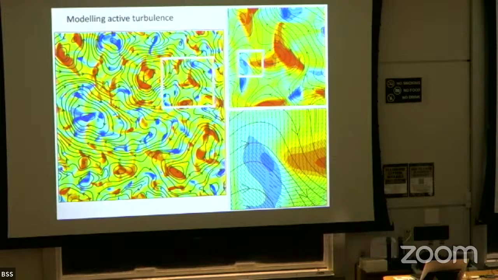Sorry, yes, this is the director field. Think of it like that. The flow field is what you get. The flow field has nothing to do with the swimming direction of the bacteria. Perhaps you should think of these things as lots of bacteria because we're doing it coarse-grained.